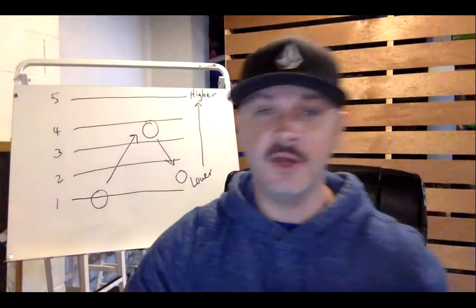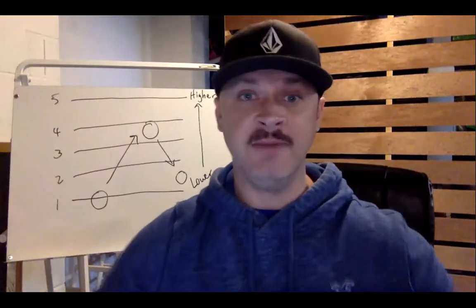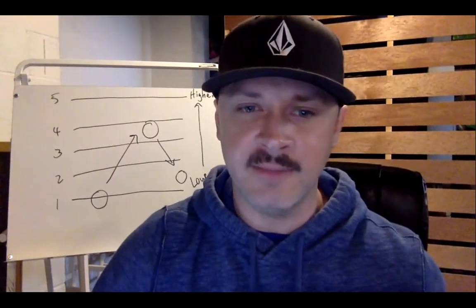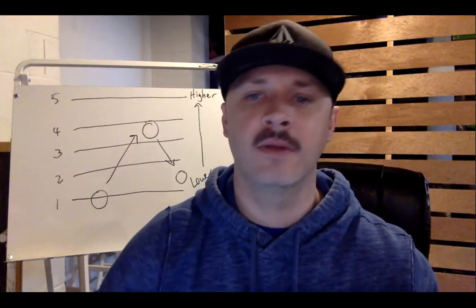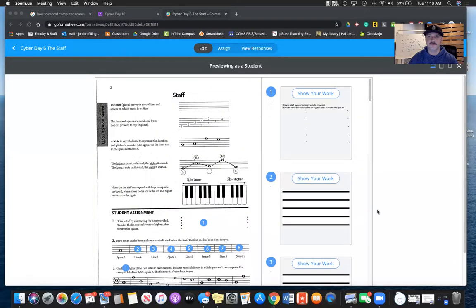So now let's go over the actual assignment, okay? And we're going to walk through this together. So I'm going to come back and share my screen. Here we go. Hopefully this works. All right, so this is what you're going to see on your device.